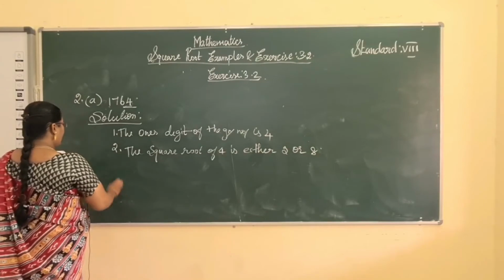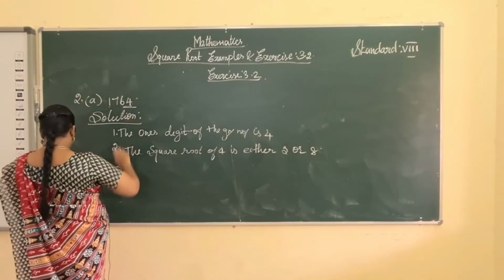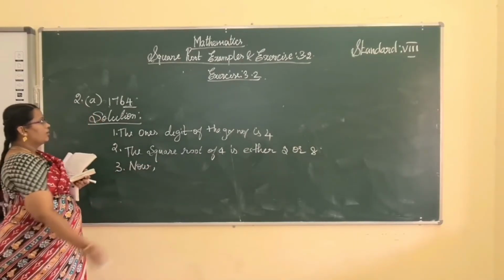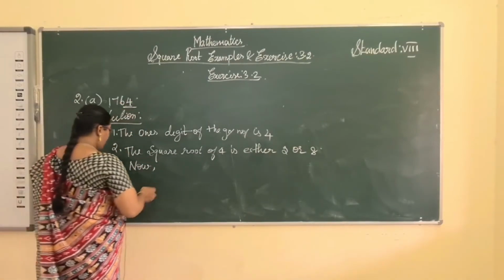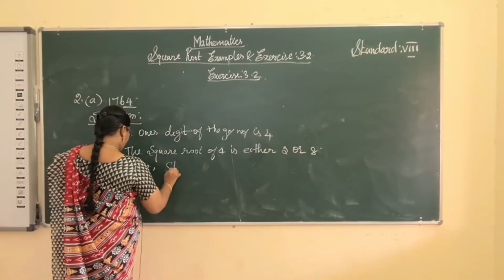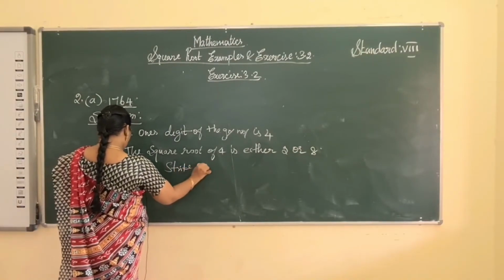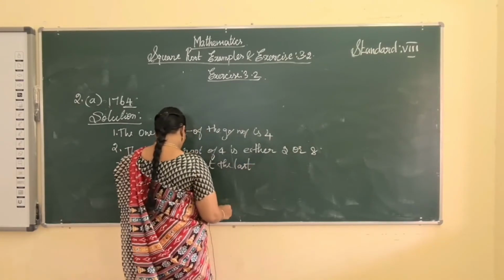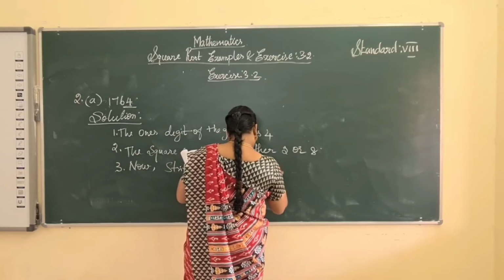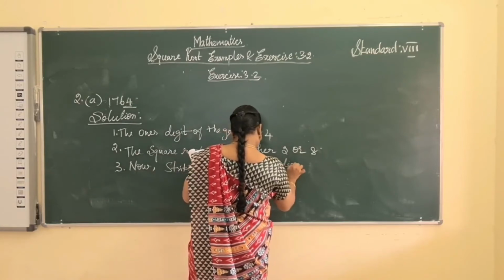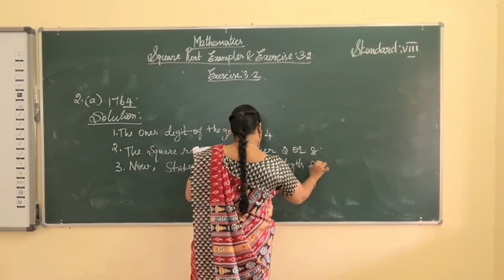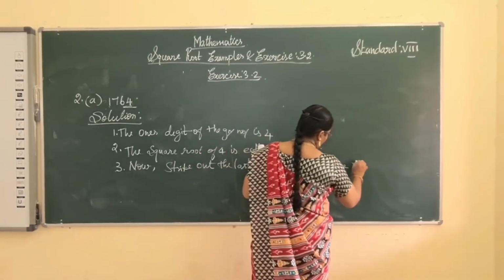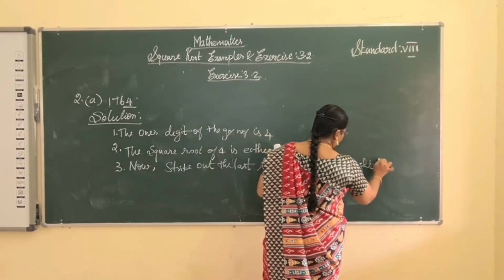Okay. And then the third one, strike out the last two digits from the right side. Okay, strike out these 2 digits. So now write this down. Strike out the last 2 digits from the right side.